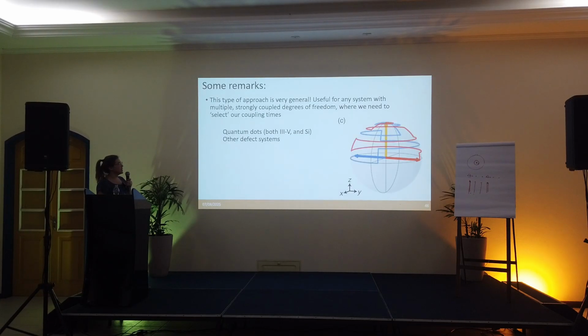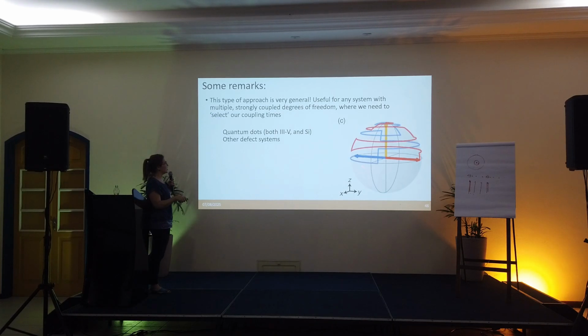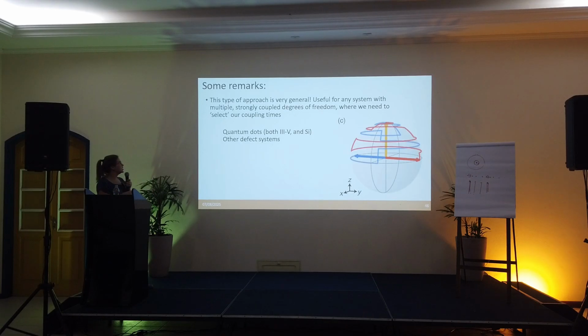These type of processes of designing gates that are slightly non-trivial based on intermittent interactions is actually quite general, and it's used somewhat in the field of quantum dots. It's definitely used for other defect systems, for interacting with qubits in silicon, for instance.